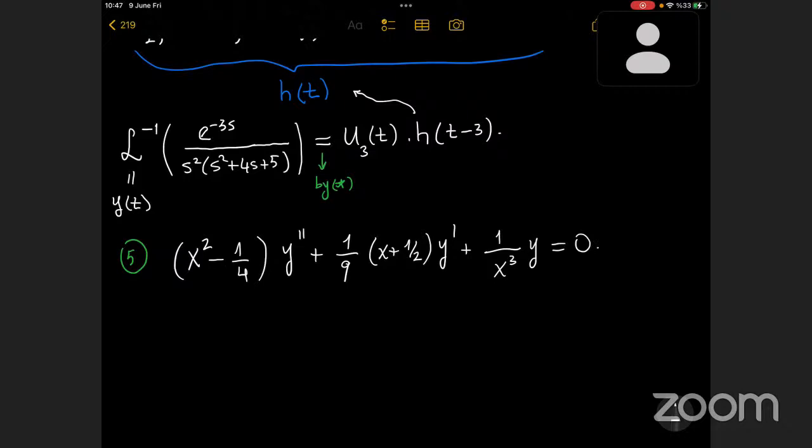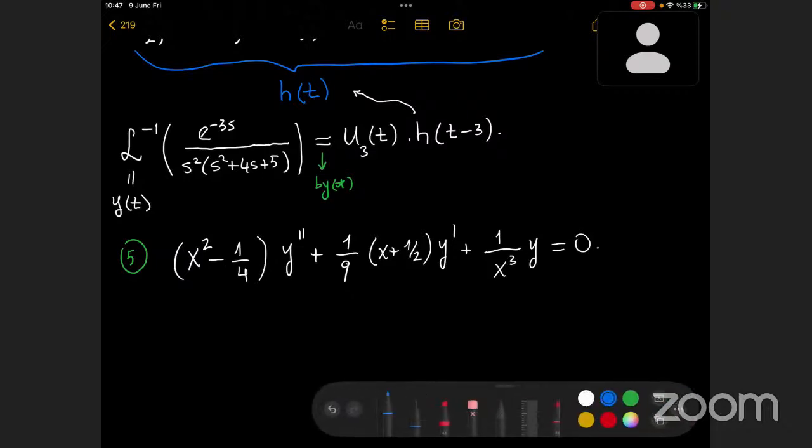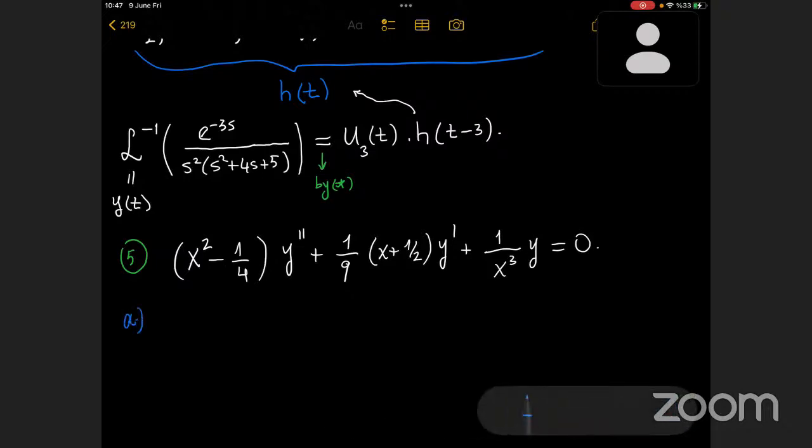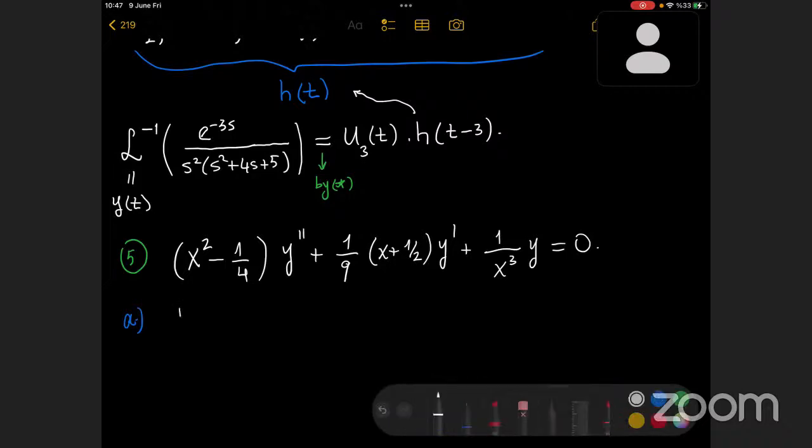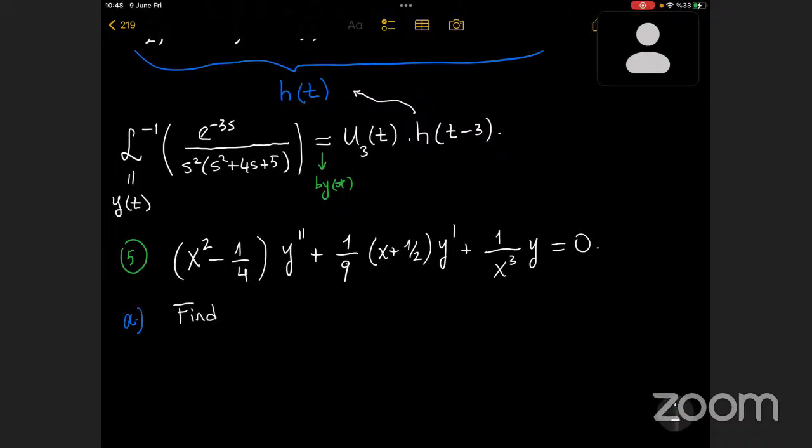The first part of the question is: find and classify the singular points.